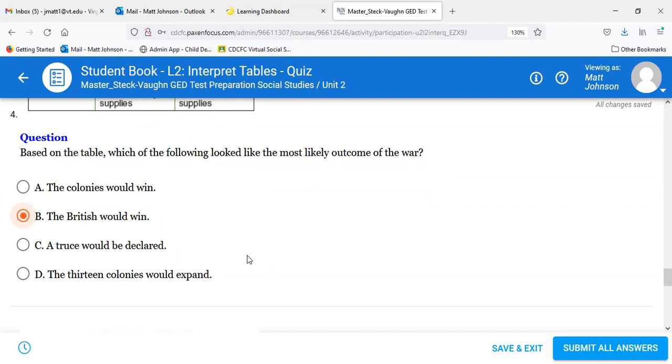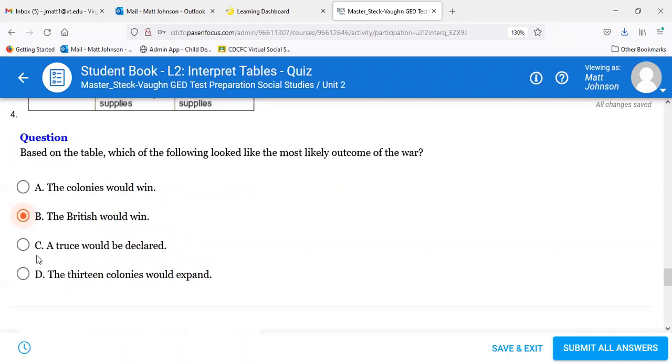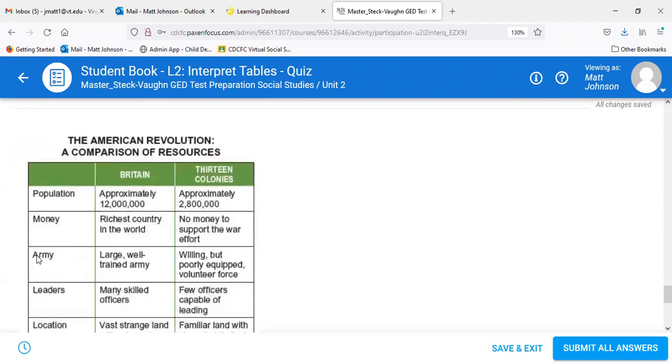So it just didn't make sense to keep throwing money at these 13 colonies to fight this war. So we just outlasted them. And that's basically how we gained our independence. All right, so number 4 is B, as in boy.